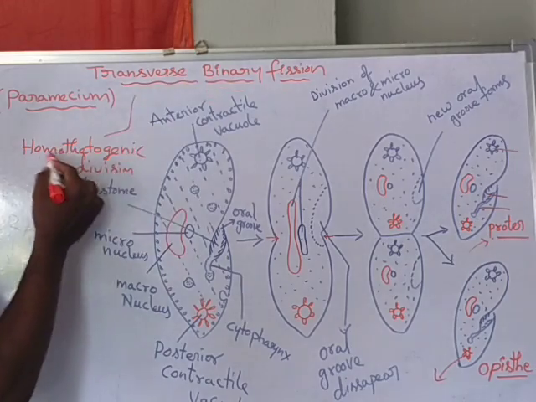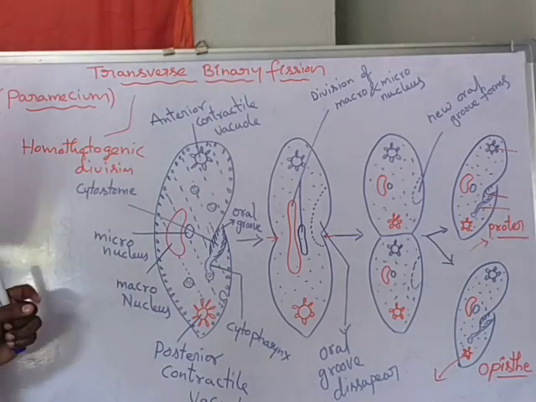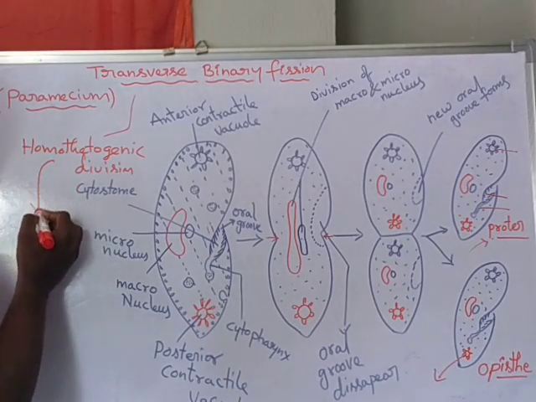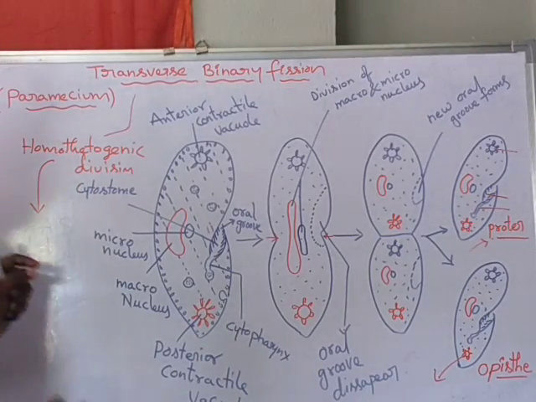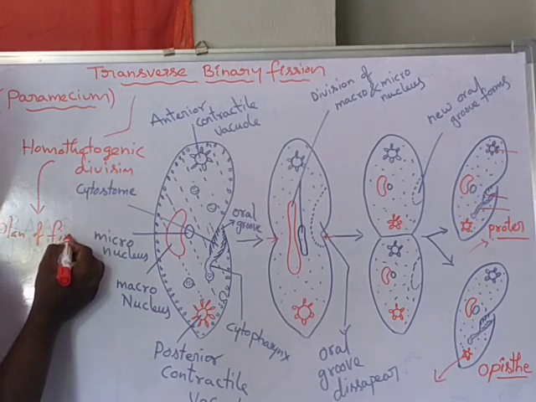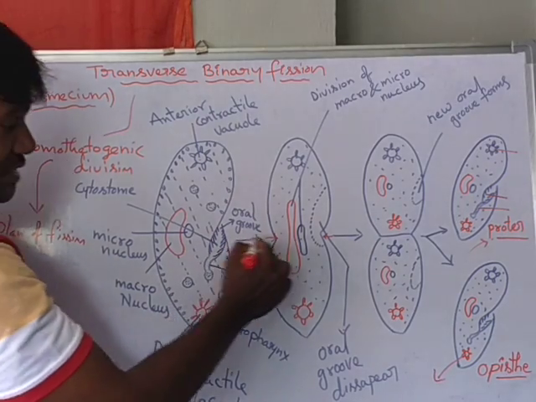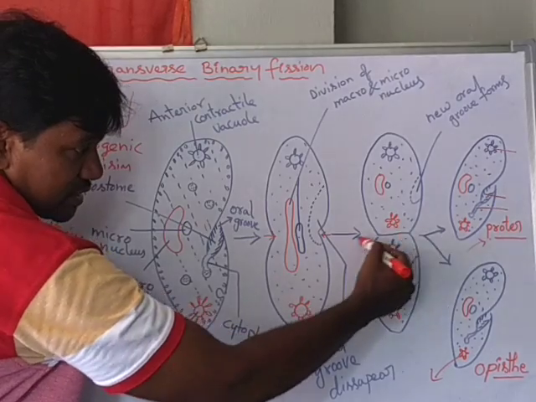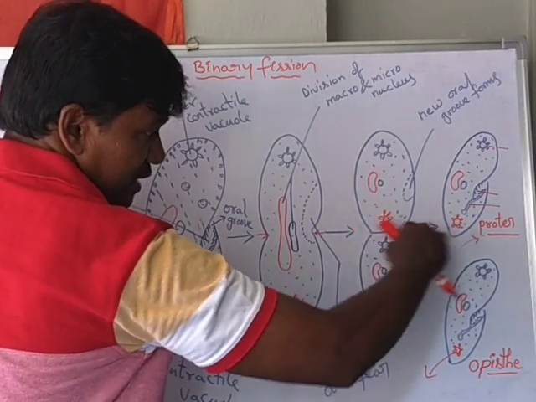This division is also called homothetogenic division. Why do we call it like that? Because of the plane of fission.